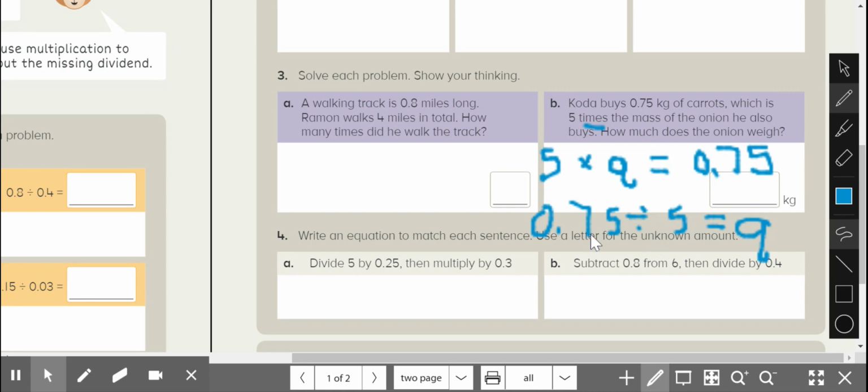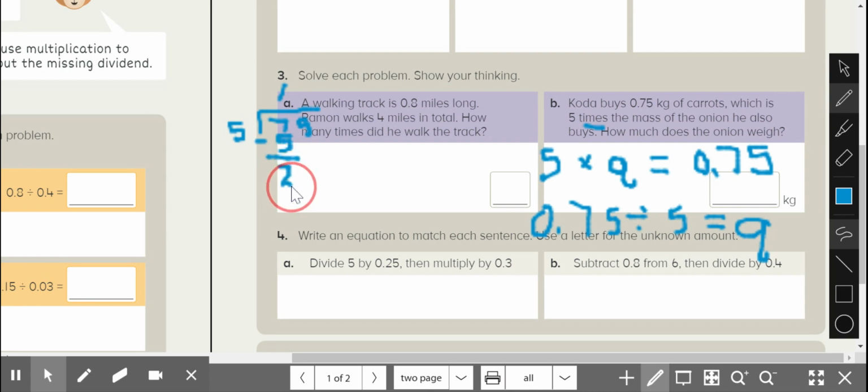So 5 goes into 75. I'm not going to worry too much about the decimal point, but I need to keep in mind that I'm going to have probably a tenths and a hundredths place value here. So let's take 5 into 75. We'll do the long division form here. 5 goes into 7 once. We subtract that away. We need to be careful as we're doing this.